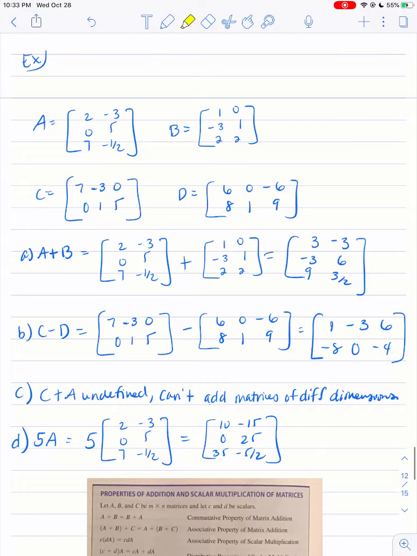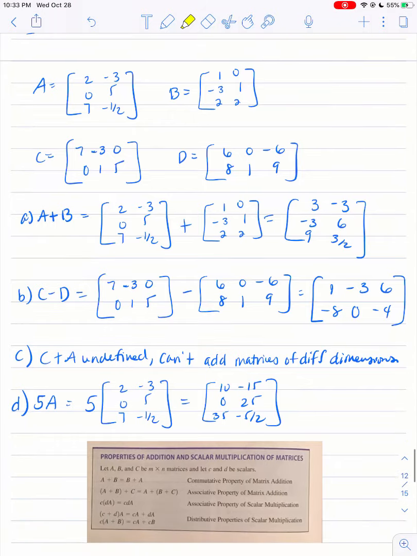So I have A equals 2, negative 3, 0, 5, 7, negative 1 half. B is 1, 0, negative 3, 1, and 2, 2. C is 7, negative 3, 0, and 0, 1, 5. And D is 6, 0, negative 6, 8, 1, 9. For part A, I'm going to add A plus B. So I add corresponding entries.